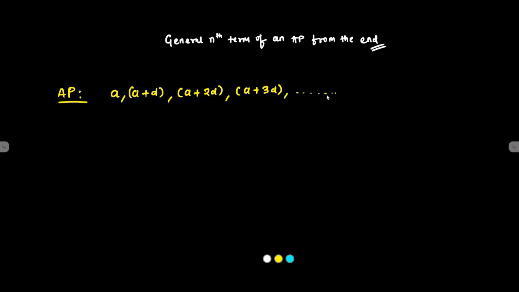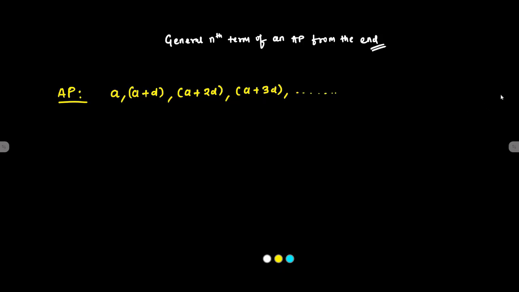Now if we write the same arithmetic progression from the end, from the last, this is from the beginning. If we try to write the same thing from the end, let's say the last term of this arithmetic progression be L, small l.